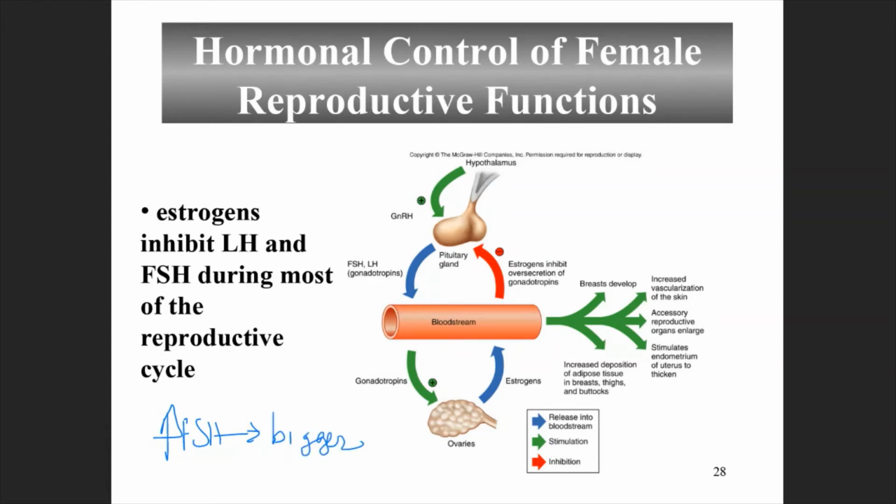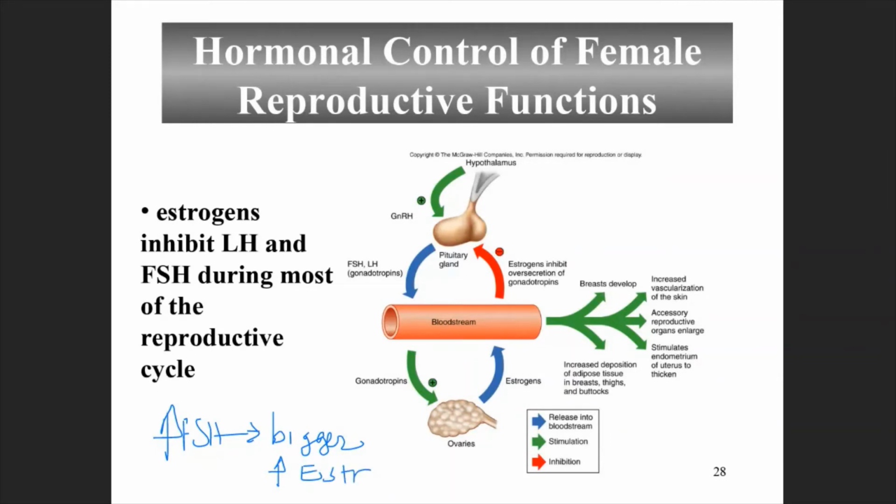Follicle development starts from primordial follicle to primary follicle, secondary follicle, and Graafian follicle. As the follicle gets bigger, estrogen will increase.